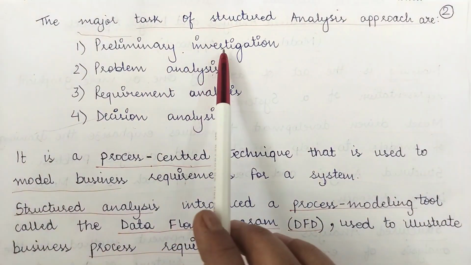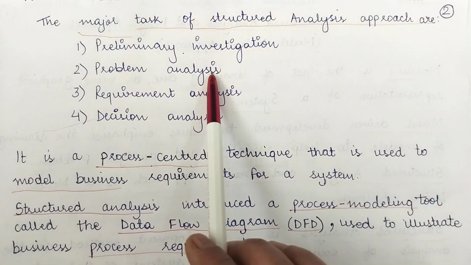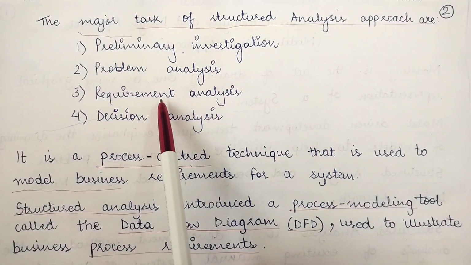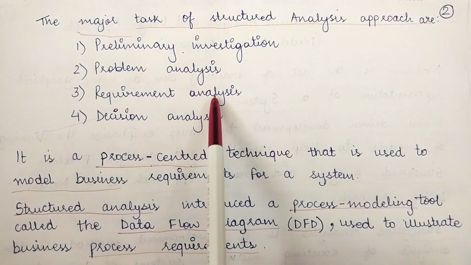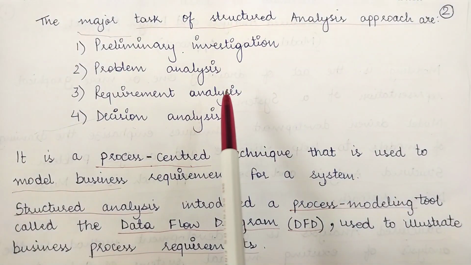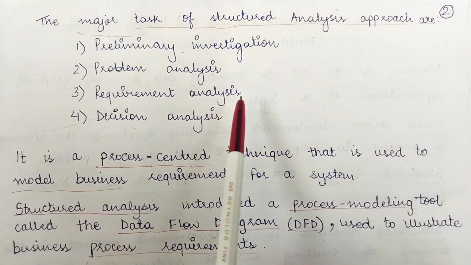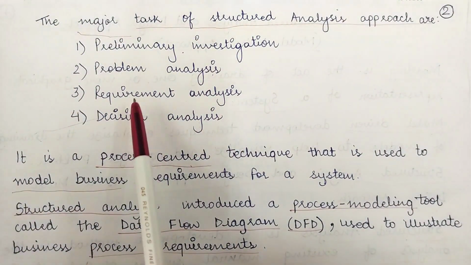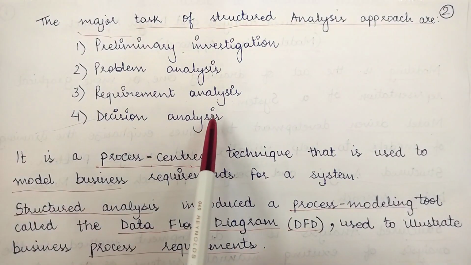Once the preliminary investigation and the problem analysis have been done, the third step is doing the requirement analysis. That means what is the actual requirement of the business from this proposed system. And once the requirement analysis has been done, the fourth step is decision analysis.